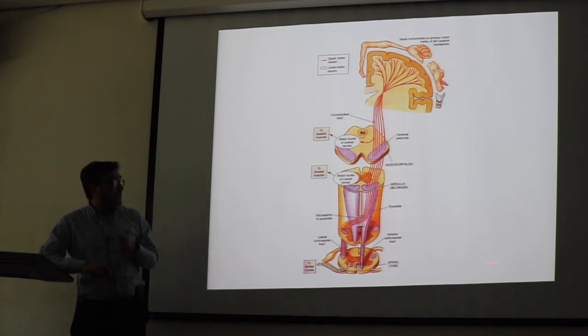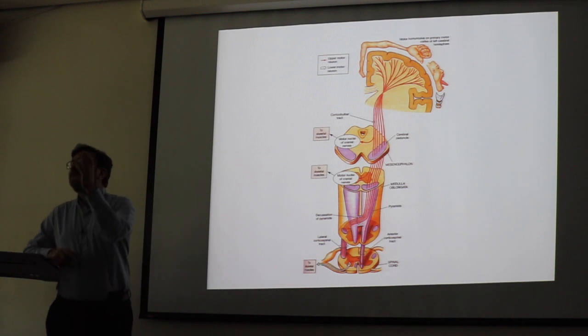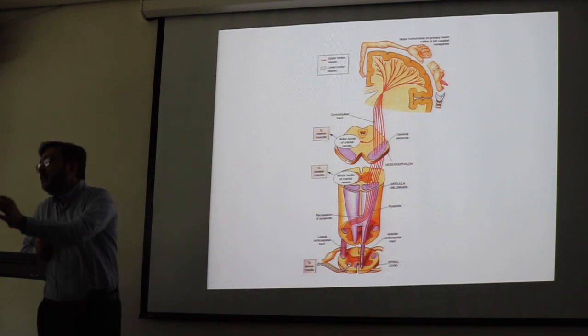Even the fibers of the anterior corticospinal tract, at their particular spinal cord level, are going to cross the midline and synapse with the lower motor neuron. And this lower motor neuron, as we said, is present in the anterior gray horn cells of the spinal cord.